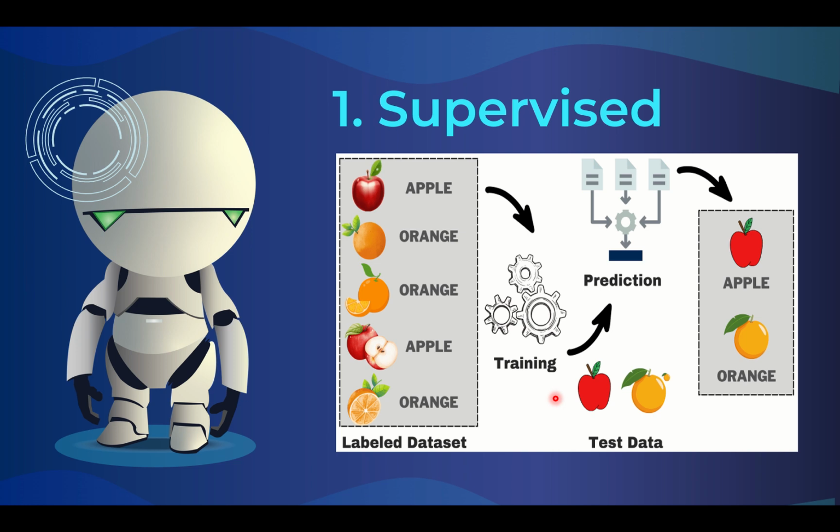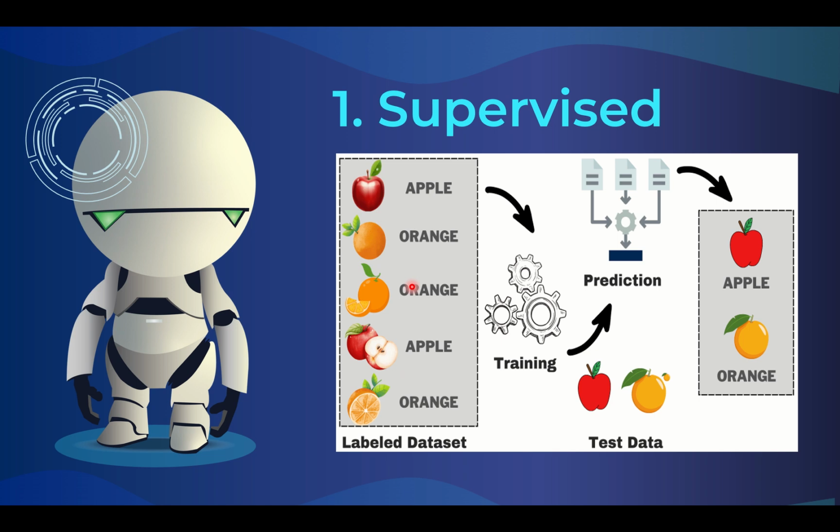Now here we have some images of supervised, unsupervised and reinforcement learning. In supervised learning, you can see that we have some labeled data. We give a label to the apple and a label to the orange, so it is completely labeled data.